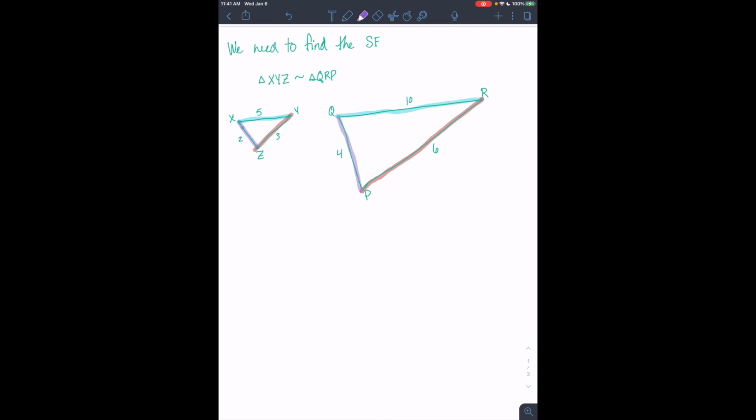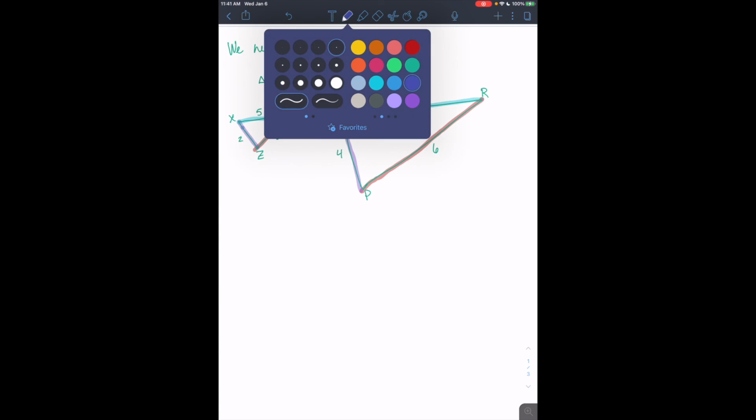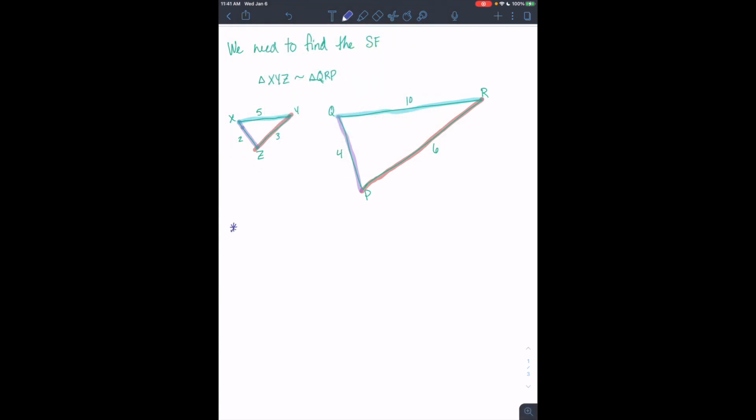So I've got the corresponding sides highlighted in different colors, and now we need to think about, to get from one triangle to the other, what did we multiply by? In some cases, you can think about this by just eyeballing it, and that's something we can do with this first example. You can choose to go either direction. That is a choice that I get to make here. You choose the triangle to start with.